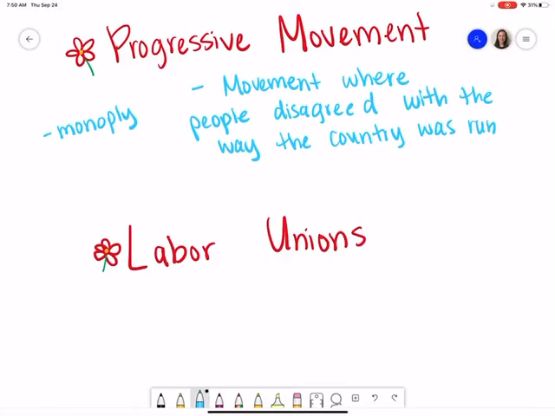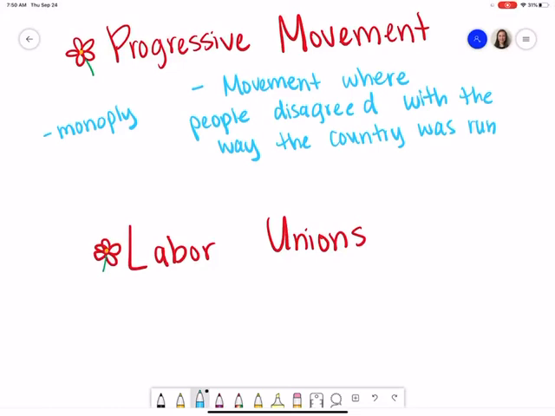And this is what was really happening at the time. There were a few really big monopolies. And you can think about this like the game Monopoly, if you've ever played that. The object of the game is to get all the money, okay, and to own all the business.